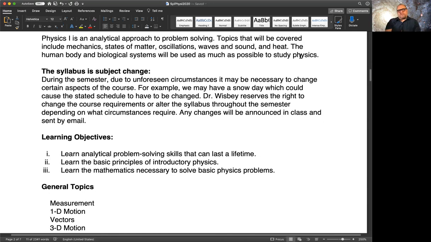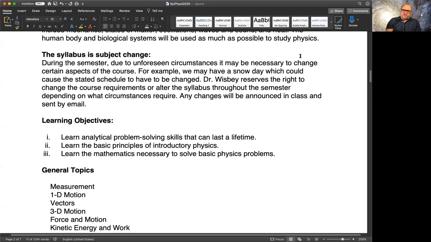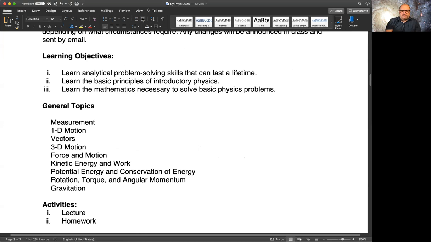During the course of the semester, if things aren't going well with what we're doing, I will try and change it to make it better. If something's not working, I reserve the right to change it, okay?